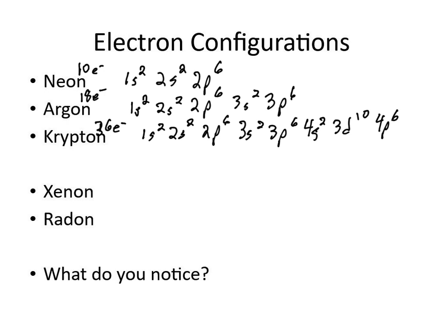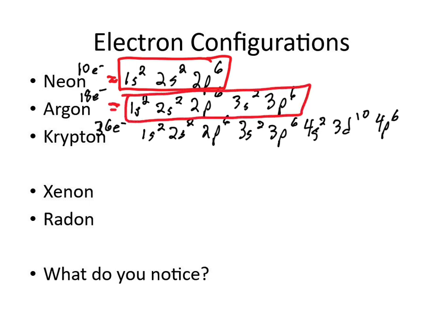So what we do for a noble gas configuration is we say, okay, let's use neon equals this, argon equals this, and krypton equals this, and substitute that in for all of the other elements so I'm not having to rewrite that every single time.